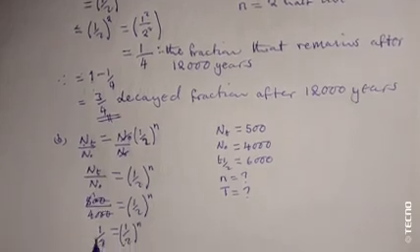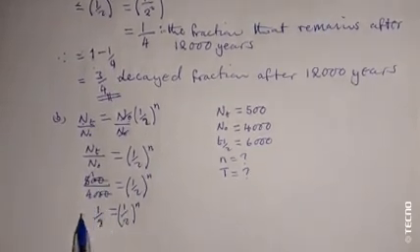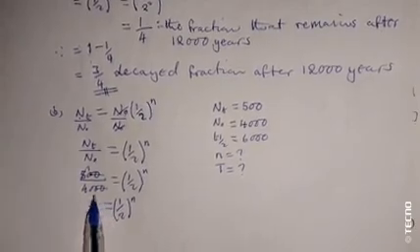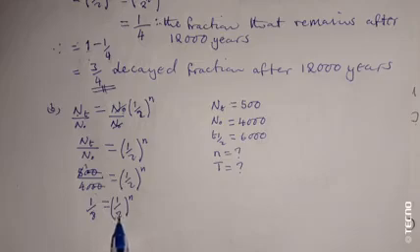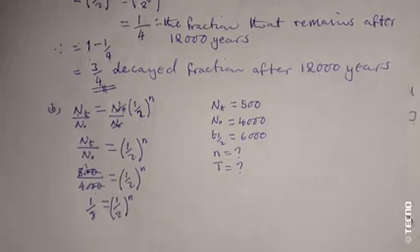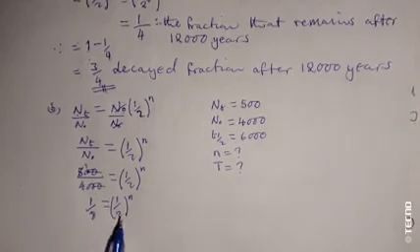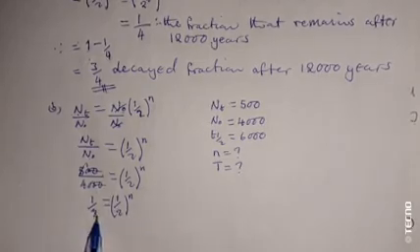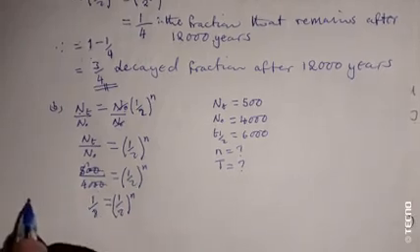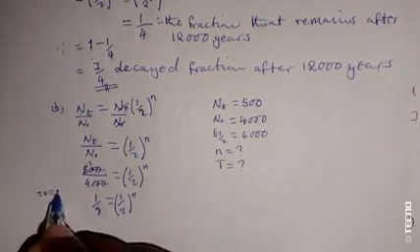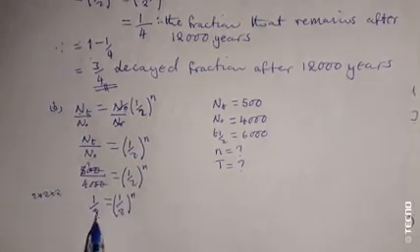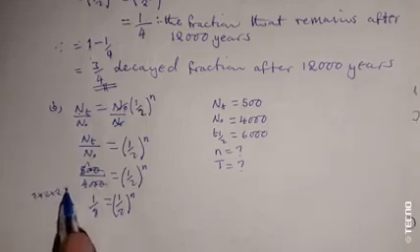Even this value here, we can write in index notation. The number that you can multiply with itself to give you 8 is 2. So you can multiply 2 three times, 2 by 2 by 2, to get 8. So it's 2 raised to power 3.